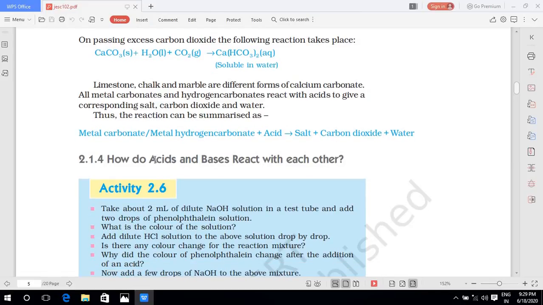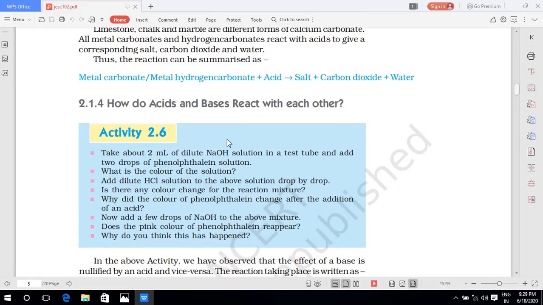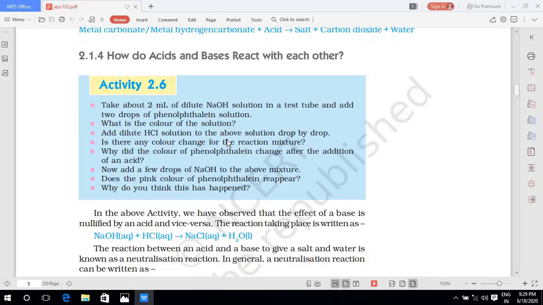Now the next topic is, how do acids and bases react with each other? When they are mixed together, what happens? Let's see. When acids and bases react together, they form salt and water, but no gas, just salt and water.